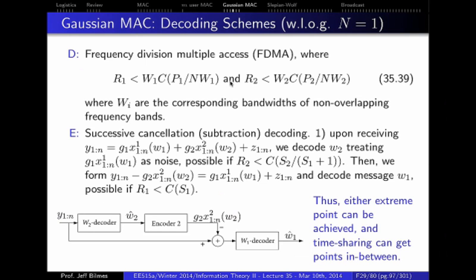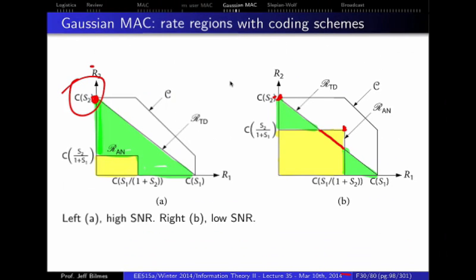So what this means from this decoding strategy is that we can get either of these extreme points. We can get either this point or this point, and then we can get anywhere in between using TDMA.